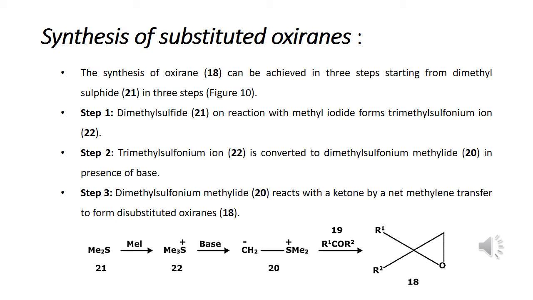In step 2, trimethyl sulfonium ion, that is structure 22, is converted to dimethyl sulfonium methylide, that is structure 20, in the presence of any base. Then in step 3, the dimethyl sulfonium methylide, that is structure 20, reacts with a ketone by a net methylene transfer to form disubstituted oxirane, that is structure 18.